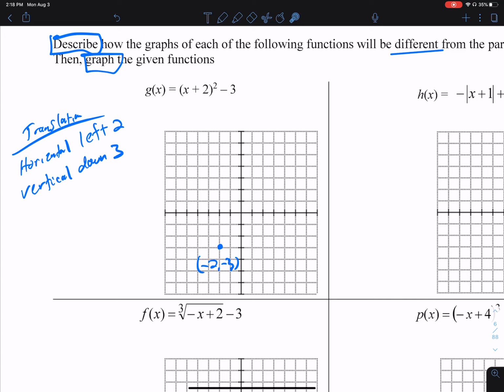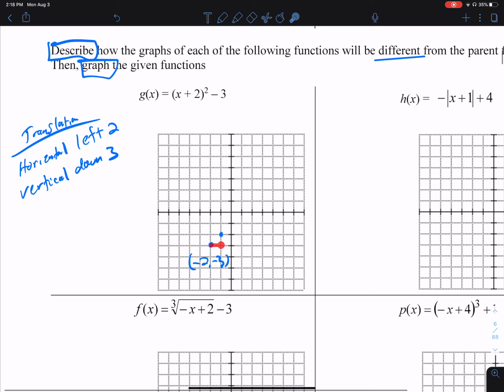So I'm going to go from here, and I'm going to say, if I go to the right one, what's 1 squared? Well, that's 1. If I go from the vertex to the right 2, what's 2 squared? Well, that's 4. If I go to the right 3, 3 squared is 9. 1, 2, 3, 4, 5, 6, 7, 8, 9.